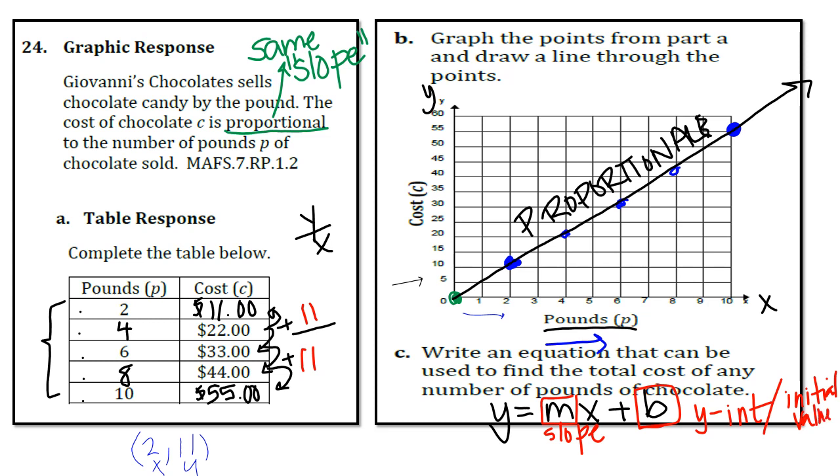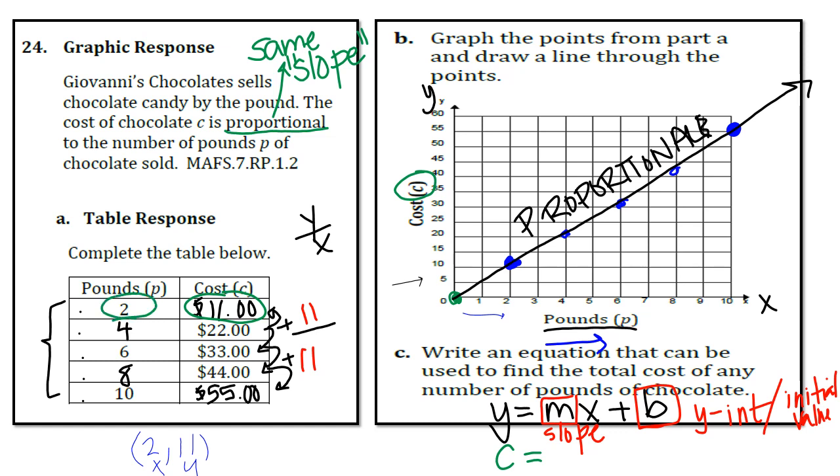So when I look at my graph, I'm going to replace my y because my y in this example is actually c. I'm going to make it a c equals, that's a variable here. And my slope is how much is it going up each time? Well, if you look at the table or if you look at the graph, what you'll see is that it's $11 for every 2 pounds.